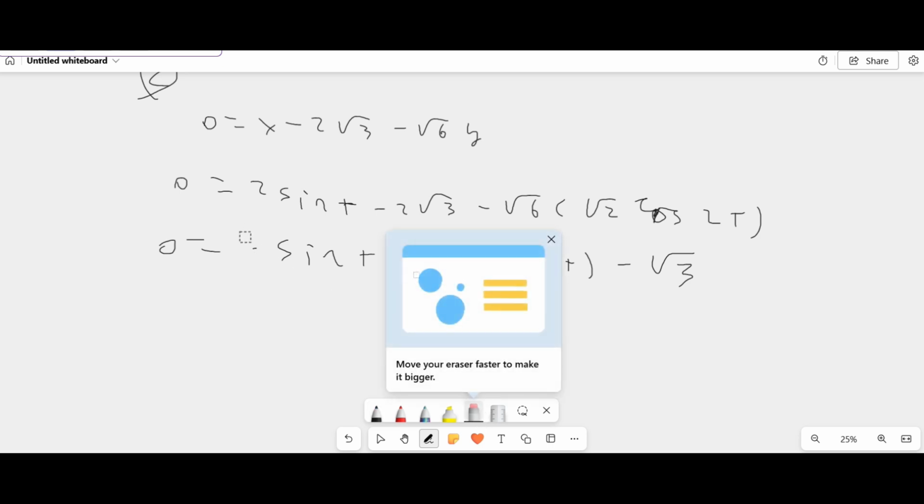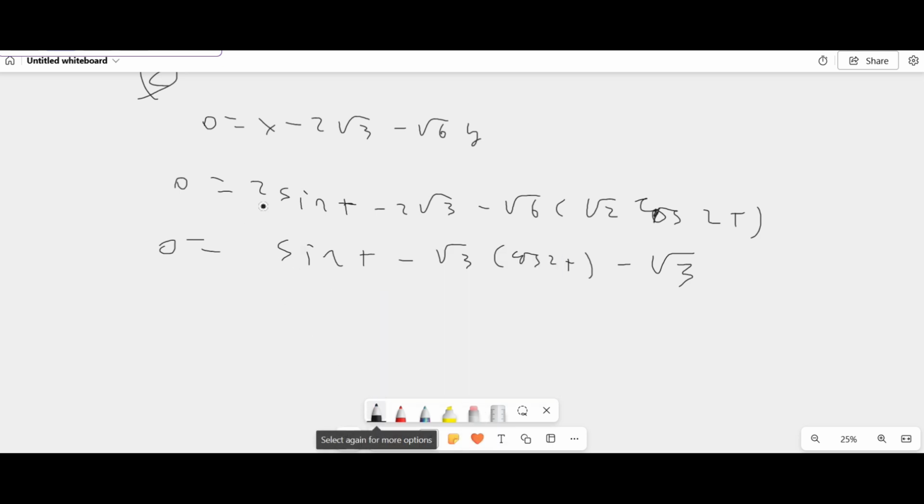What I did here is I divided by 2. So get rid of that. Divide this by 2, you get sine t. Divide this by 2, you get minus root 3. Root 6 times root 2, divided by 2, is minus root 3. Alright, calm.